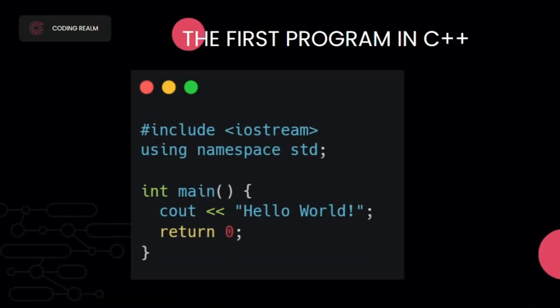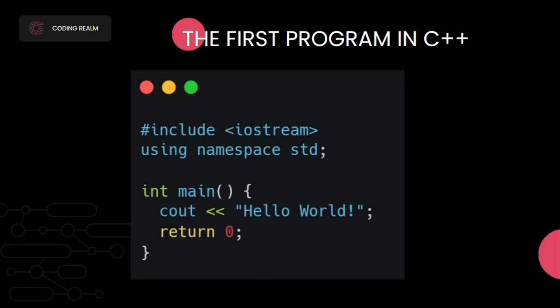And now let's together see the first program in the C++ programming language. This is the first program in C++: hashtag include iostream, using namespace std, int main, cout, hello world, and return 0. Now let's explain this program.